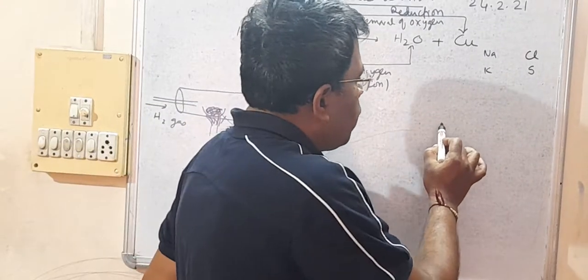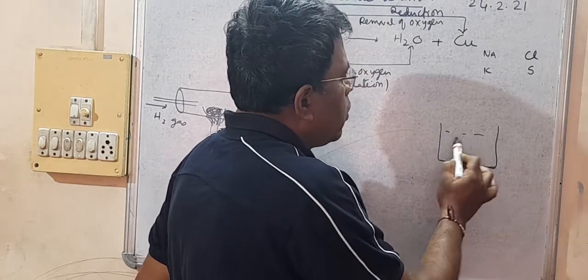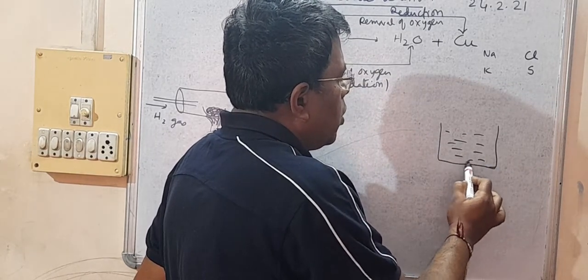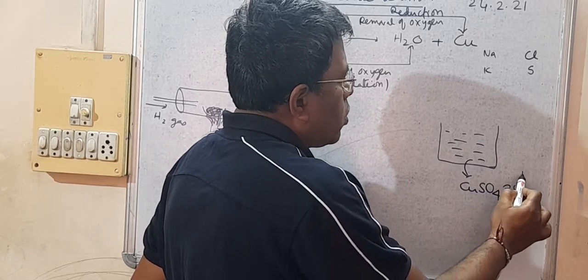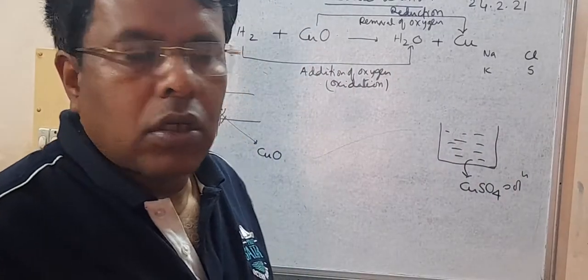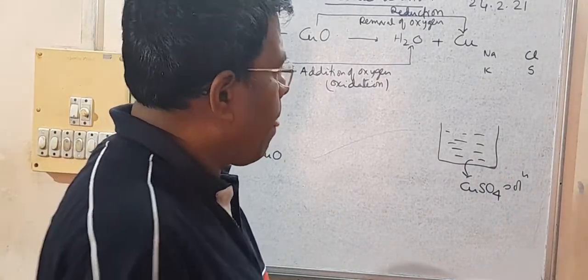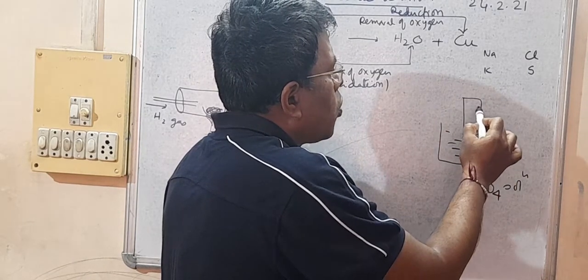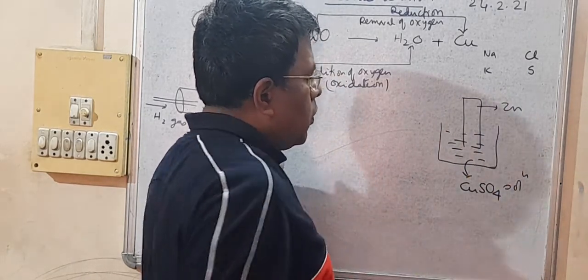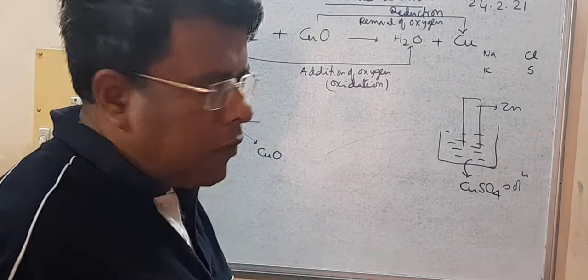Suppose in this container we have copper sulfate solution. You know, copper sulfate solution will be blue in color. And we have a zinc rod. So copper sulfate and zinc we have.